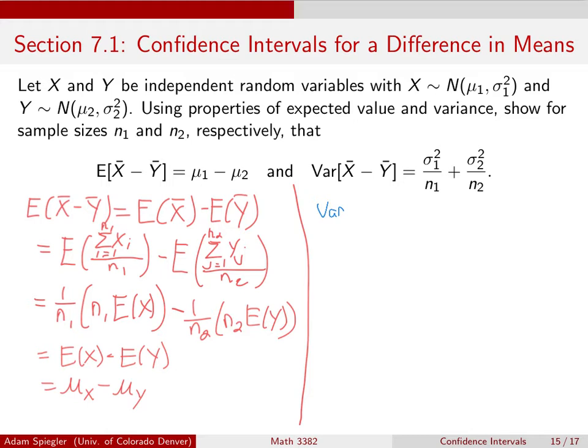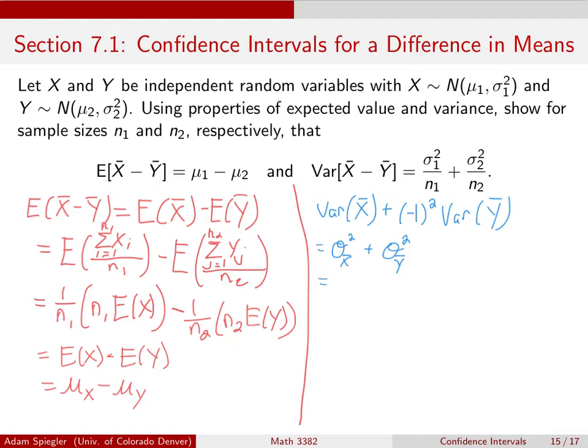So when I break up the difference here, it's going to be the variance of x bar plus, when we pull out that constant minus 1 in front of the y bar and square it, we actually get minus 1 squared times the variance of y bar. The variance of x bar is sigma squared x bar, and now the minus 1 squared becomes a positive 1.